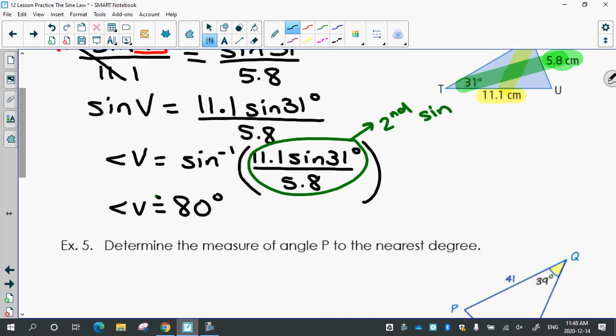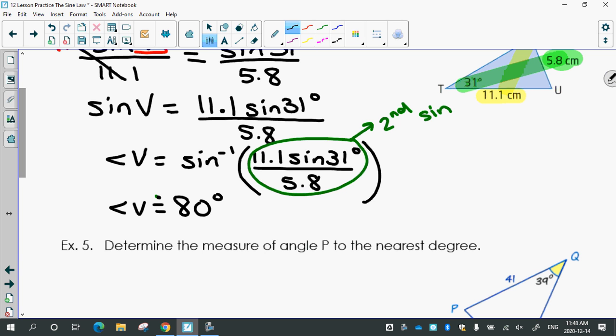Okay, so how many people need help putting that in their calculator? Just go around person to person. Okay, so yours is one of the ones where you have to do this calculation first. So you're going to go 11.1 times sine 31 divided by 5.8 equals, and then second sine.